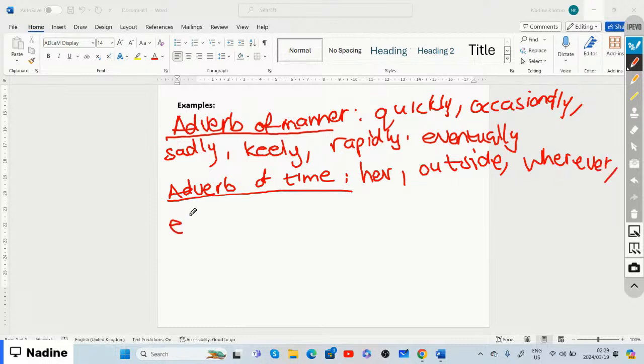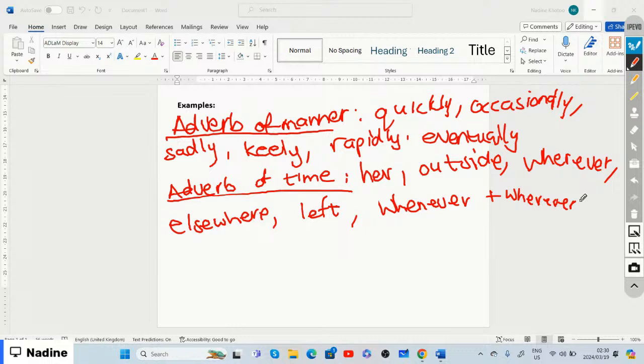We can even use words like elsewhere, left, go left, go right, right? Whenever and wherever. Right? So those are adverbs that tell us where.